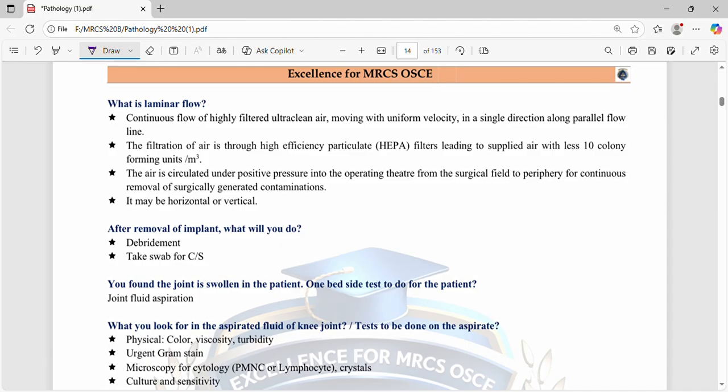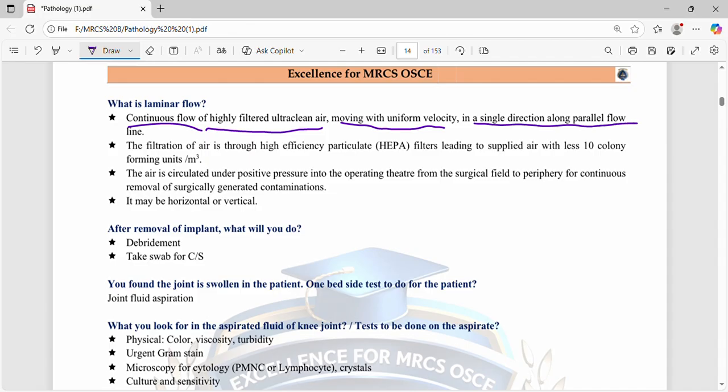It is a continuous flow of highly filtered ultra clean air moving with uniform velocity in a single direction along parallel flow lines.